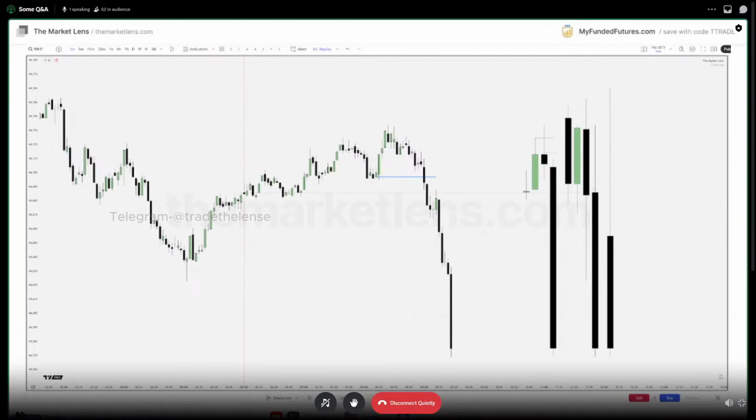Then on our 30-minute, once it loads, we have this candle 3 closure because we don't close back inside the previous, but then we come back down. I don't know if it's going to load.